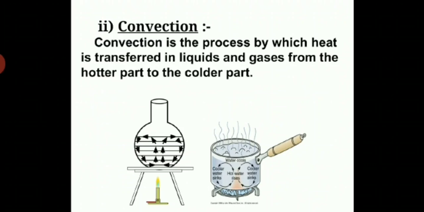The hot water will try to rise up, and the water at a lower temperature will try to take its place, which will develop a current, a convection current. So this is how water is heated. A similar process happens in the saucepan when you heat water. So here the concept of convection should be clear to you.